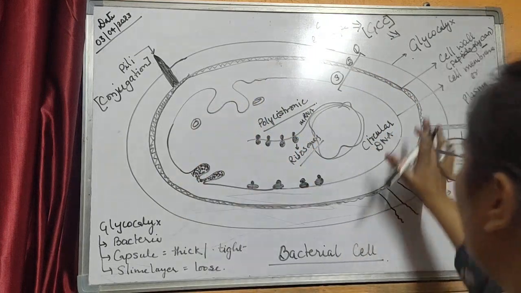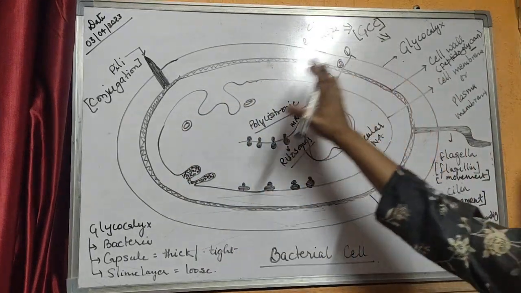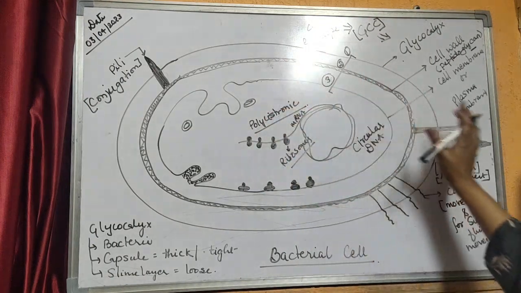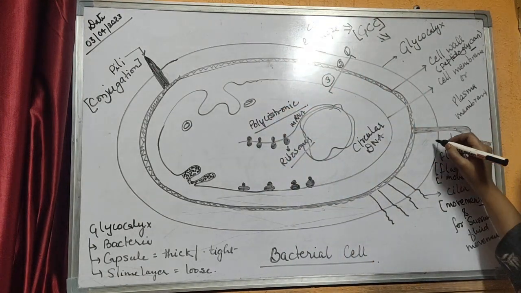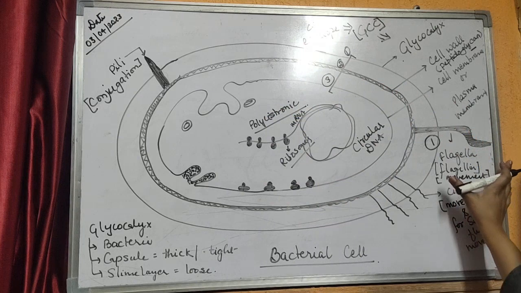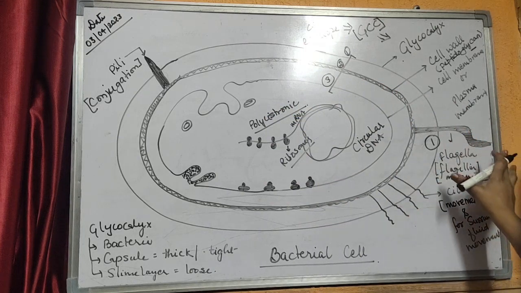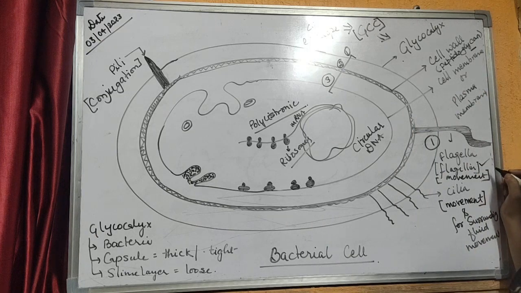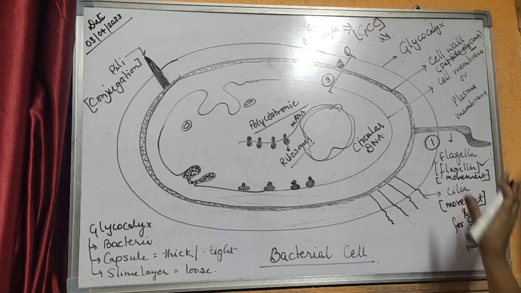This bacteria has a number of other projections, and these are of three types. The first one is the flagella. This flagella is the outer structure that comes from the cell wall, is made up of flagellin protein, and helps in movement.